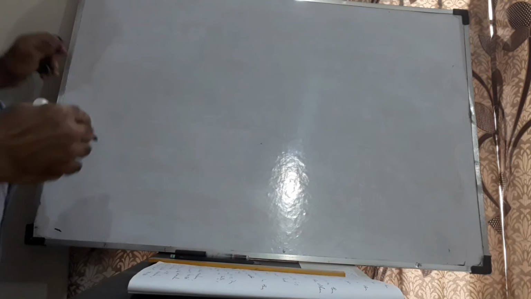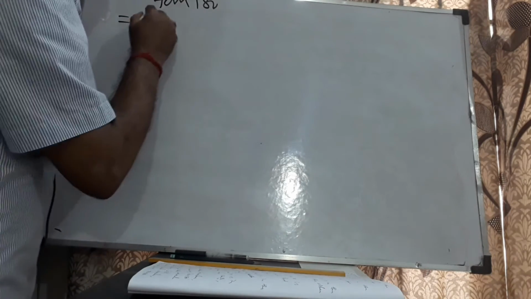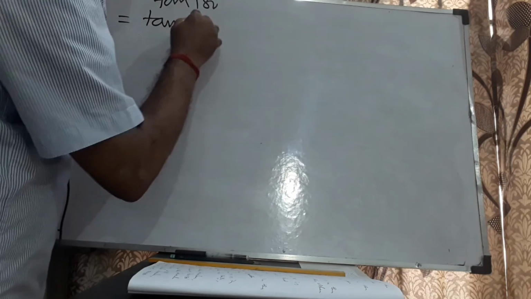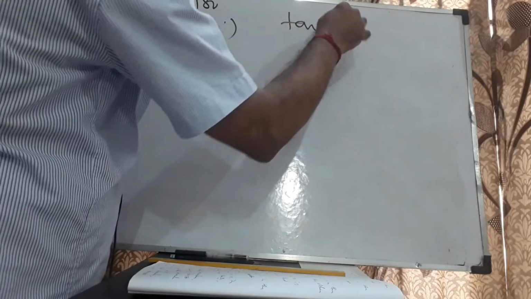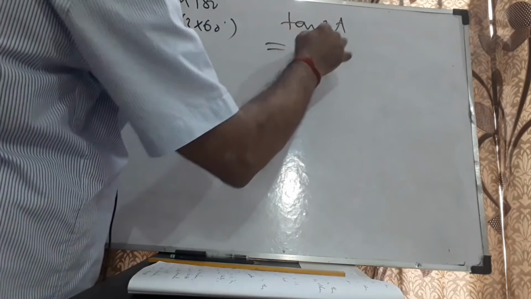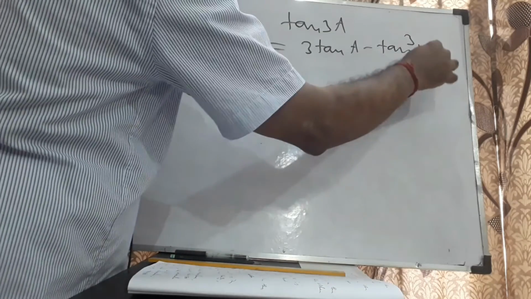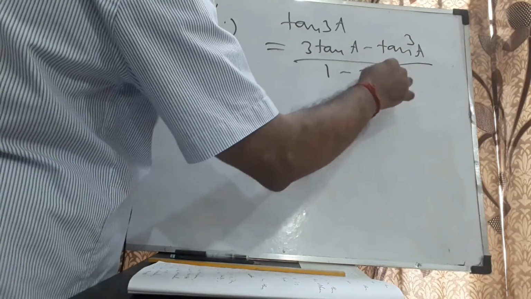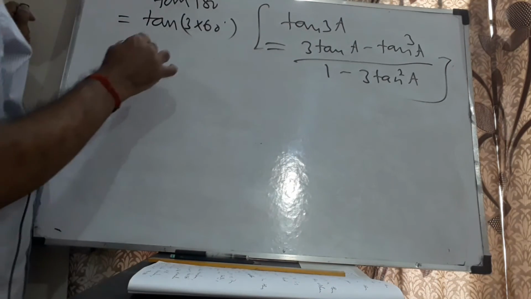Similarly, using a suitable formula, find tan 180 degrees, which can be written as tan 3 into 60 degrees. Just recall the formula: tan 3A is 3 tan A minus tan cube A by 1 minus 3 tan square A. This is the formula meant for tan 3A.